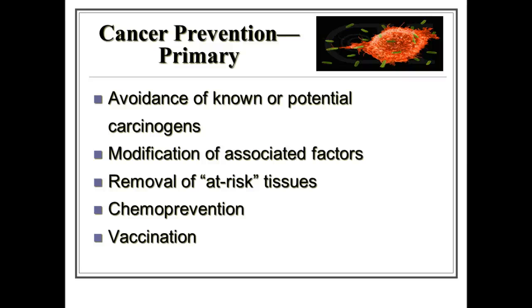I wanted to tell you as far as primary cancer prevention, I didn't tell you about the avoidance of known or potential carcinogens. I had gotten on talking about things like smoking. There are certain tissues associated with tobacco use. The tissues with the greatest risk for tobacco-induced cancer are those that have direct contact with tobacco or tobacco smoke. So, therefore, you're going to have your lung and your oral cavity and that type of thing.